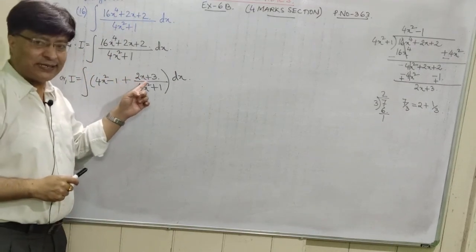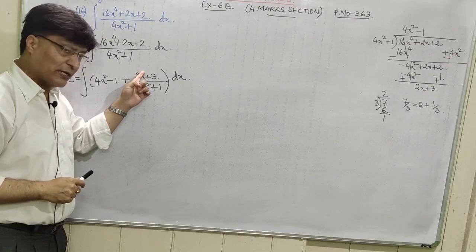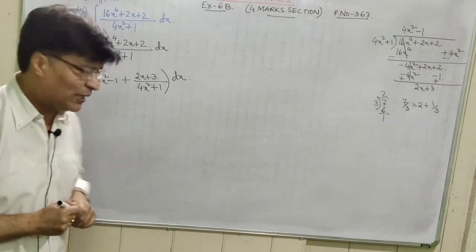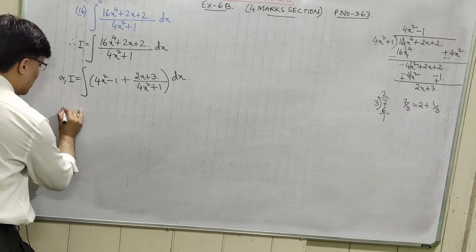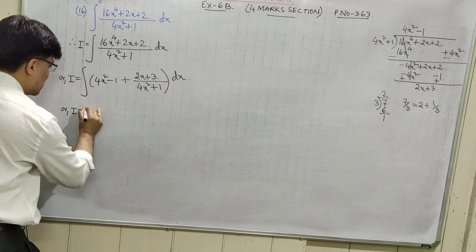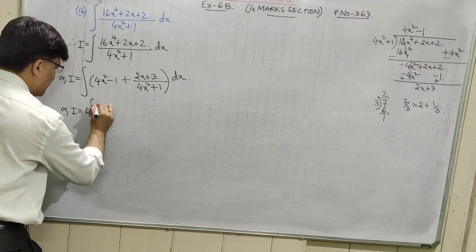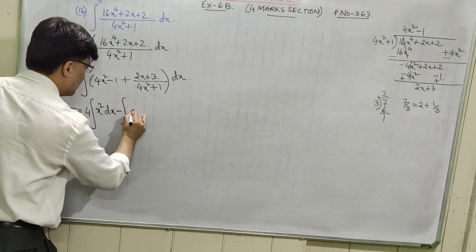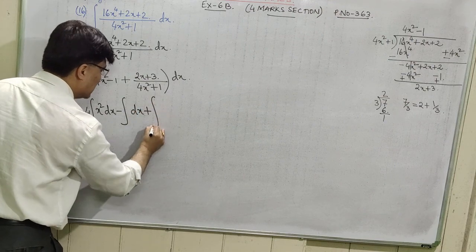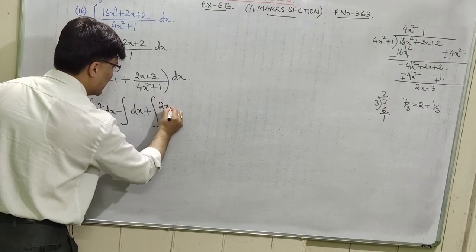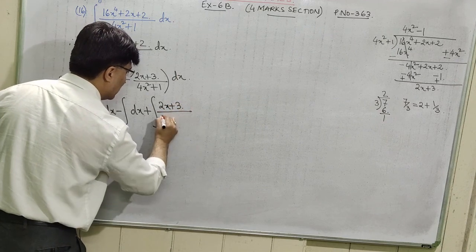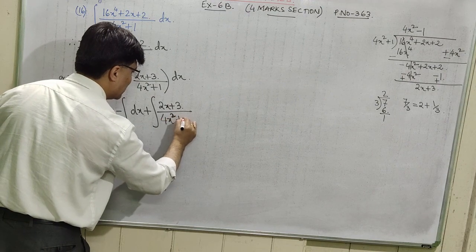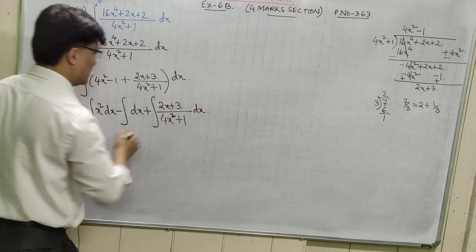Now in this case the highest power of x in the numerator is less than the highest power of x in the denominator. Now you can easily integrate them. Okay, so let us separate it first. I is equal to 4 times the integration of x square dx, then minus the integration of 1 into dx, plus the integration of (2x plus 3) divided by (4x square plus 1) dx.